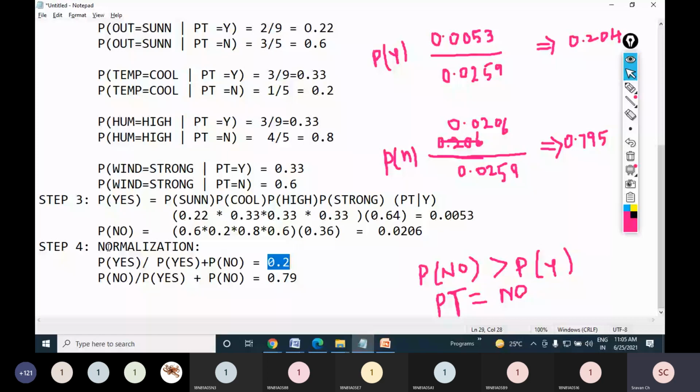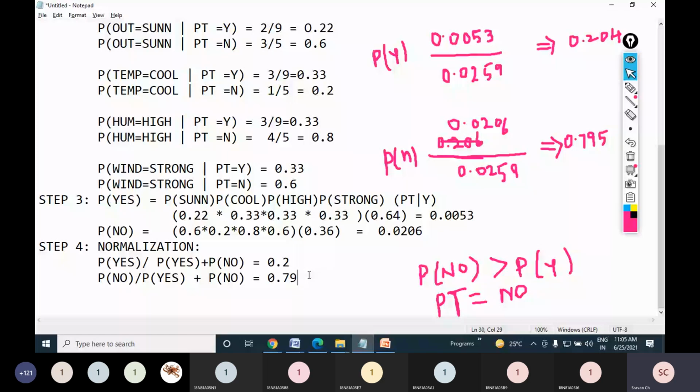Friends, you may get this problem in your external exam also. If you observe very carefully, when you normalize your results, you should get values something like this. If I add them, I should get 1. I have not written the complete fraction, but if I write them, I'll get 1.